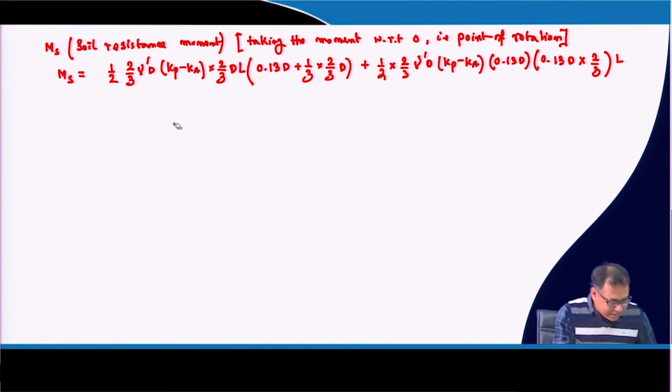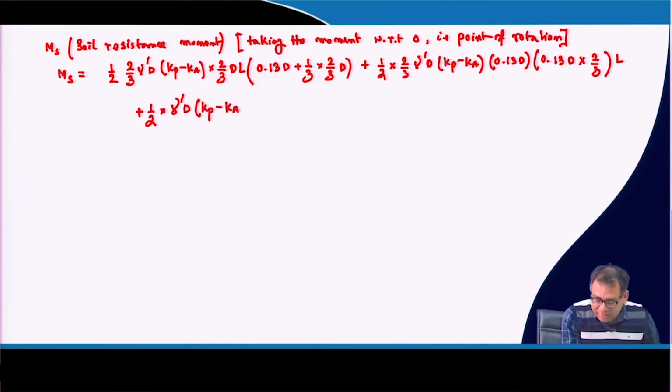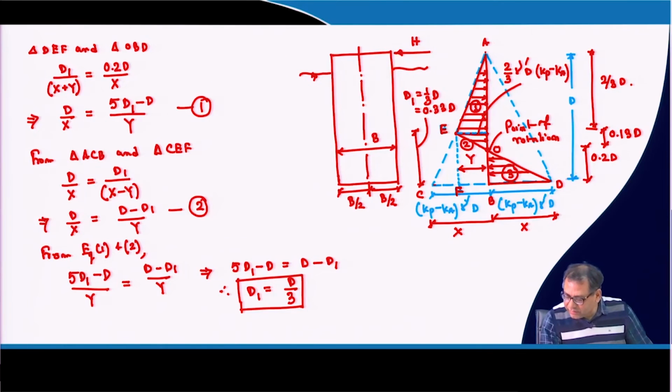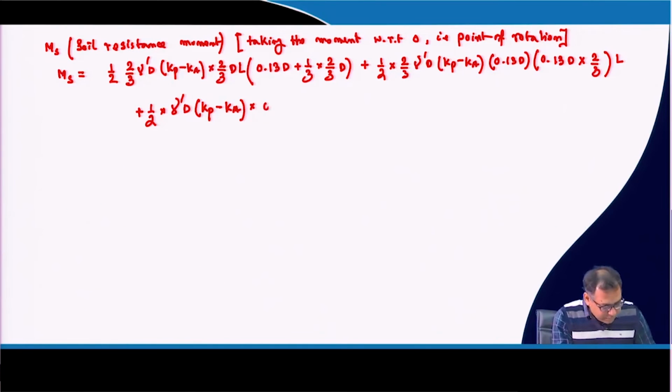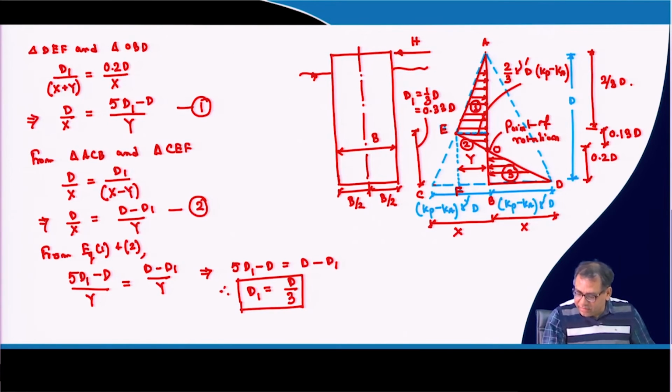Now, for the third triangle, the force will be half into gamma dash d Kp minus Ka, then the height for the third triangle is 0.2 d, and this is the base, 0.2 d. The lever arm will be 2/3 of 0.2 d.